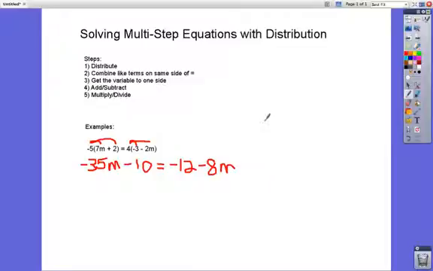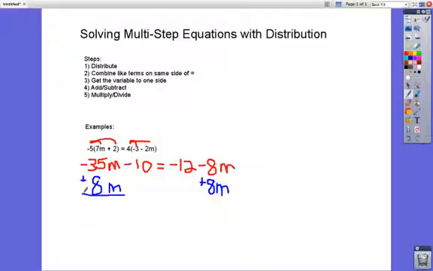So it's your choice. You can get the variable on the left or the right, but I'm going to move it to the left. And to do this, I will have to add m because I want to do the opposite. And in this problem, that's a minus, so opposite is a plus. So I only add it to the other m, not to the 10 or the 12.